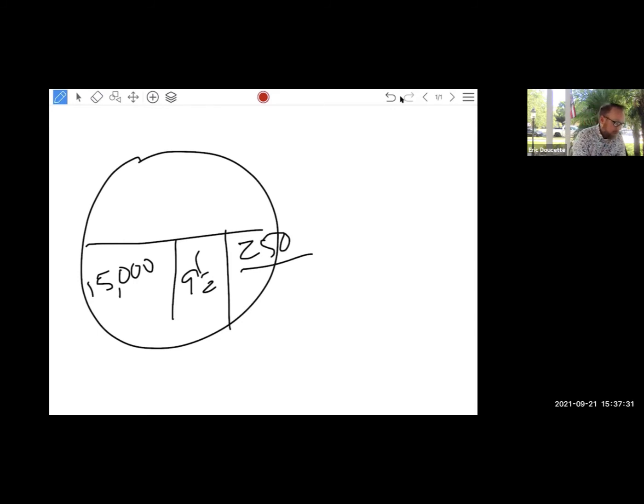So I'm just going to do the math, 15,000 times 0.0950, because that's the interest rate in decimal form, times 250 divided by 360 equals $989.58. So that is how much interest she paid on that loan that she took out. So this is, again, using the days, using the months, using the years.